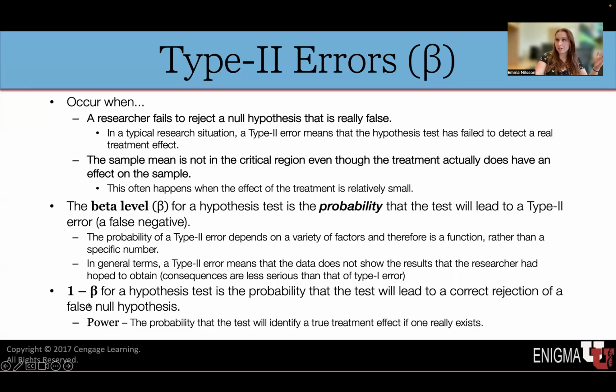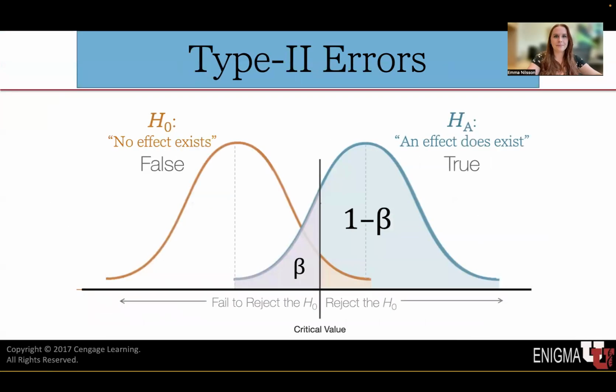The converse, like we talked about, 1 minus beta, is the probability that a test is going to lead to a correct rejection of the false null hypothesis, saying there is an effect when there actually was. That's called power, the probability that the test will identify a true treatment if one really exists.